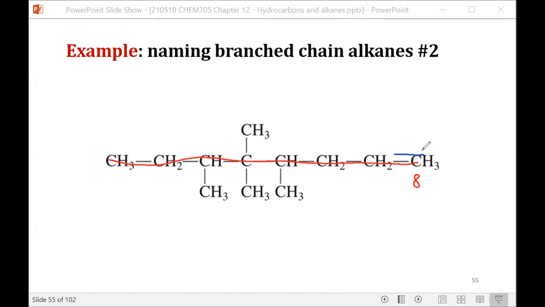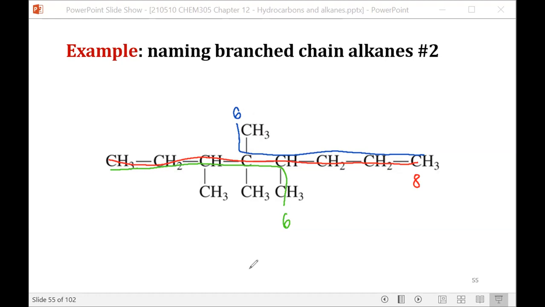Let's go blue. And go this way. That'd be 1, 2, 3, 4, 5, 6. Try another one. If I go here and then go down, that'd be 1, 2, 3, 4, 5, 6. If I went this way and down, it'd be the same as going this way and up, because they're both methyl groups.